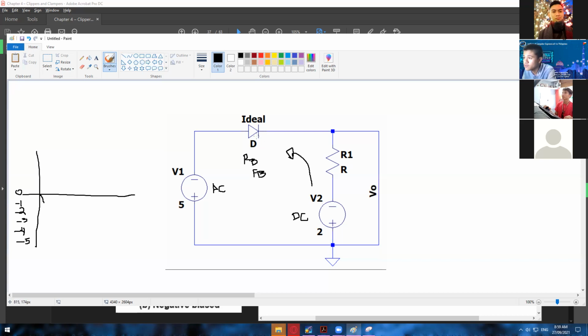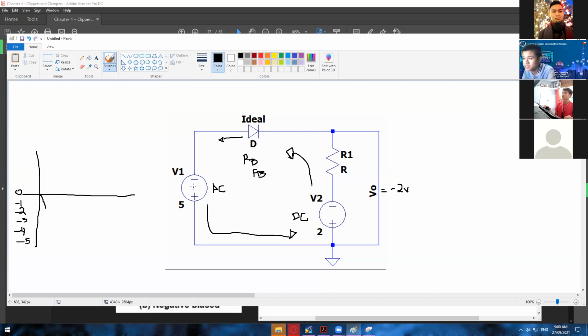So -2 volts will pass through this one, and we now have a complete loop of current of this V2. Since this one is ideal, we have a reading of -2 volts during, let's say, V1 AC, which is -1, until it reaches 2 volts.